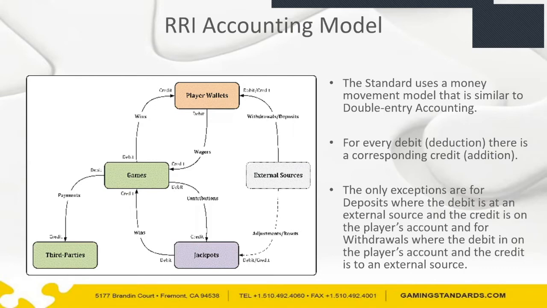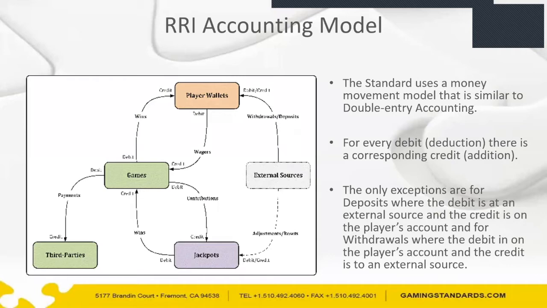And what that means is that for every debit, which is a deduction, there is a corresponding credit or addition. The only exception to that is when the deduction is happening outside of the gaming ecosystem, or the opposite, when the addition, the credit, is outside the ecosystem.